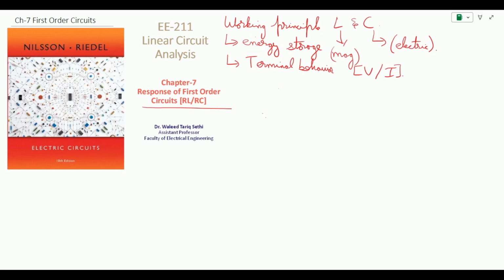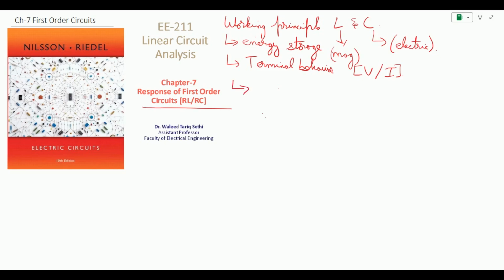Now in this lecture and the upcoming lectures, we are in a position to understand how the voltages and currents arise when the energy is released or acquired by these circuit elements due to an abrupt change in the sources.